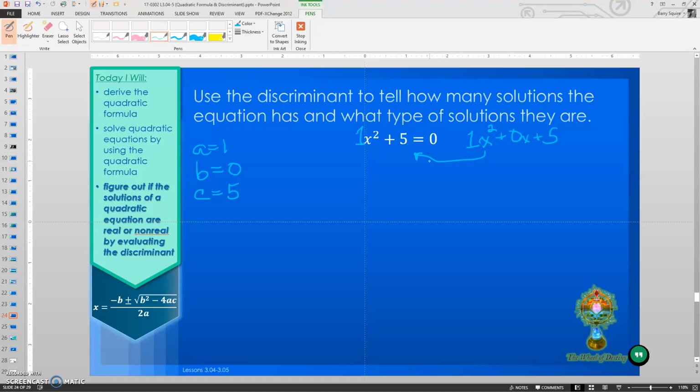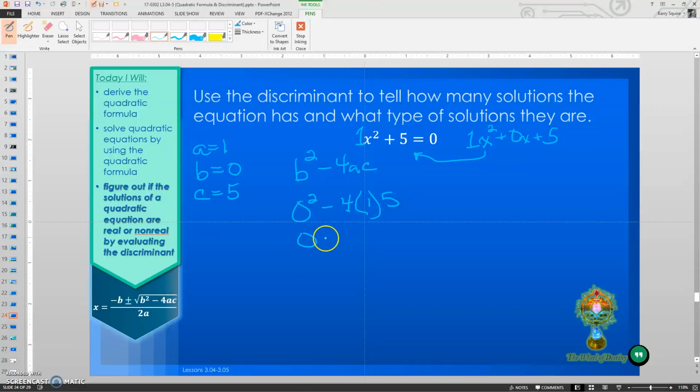It's okay to have a 0, as long as the 0 is not in front of the x squared, because then we don't have a quadratic anymore. So we can have a 0 other places, though. And what we're going to find out here is, use the discriminant, b squared minus 4ac. Our b is 0. 0 squared minus 4 times 1 times 5.